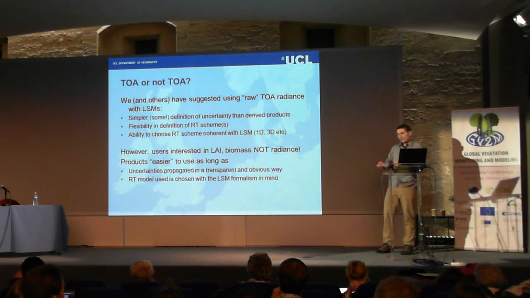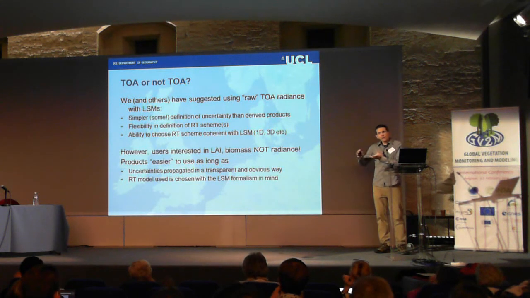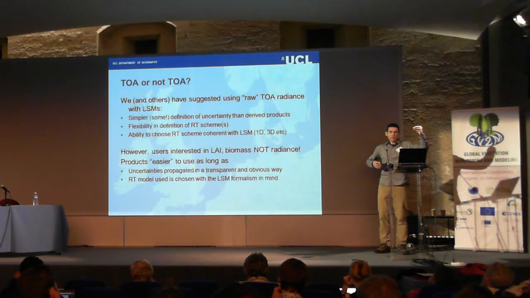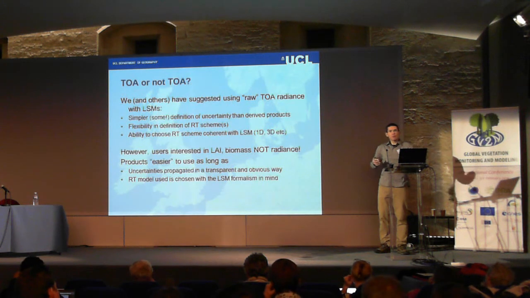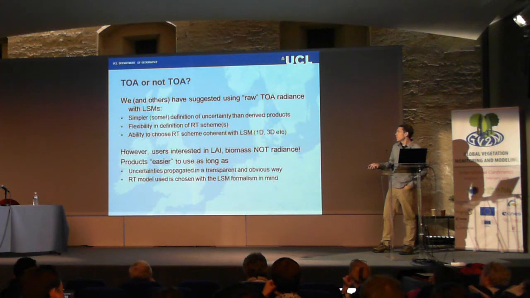The problem is that people who are using land surface models have no interest at all in top of atmosphere radiance. So you have to do all the work in translating the land surface model representation through a radiative transfer scheme to something at the top of the atmosphere. So in a sense you're just transferring the problem from other people to yourself, and that's never a good thing.